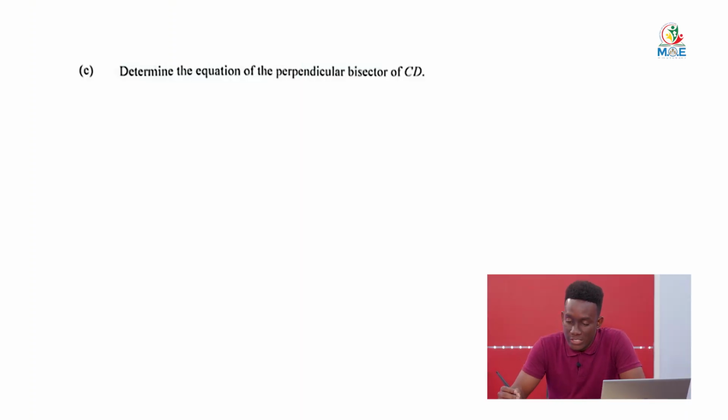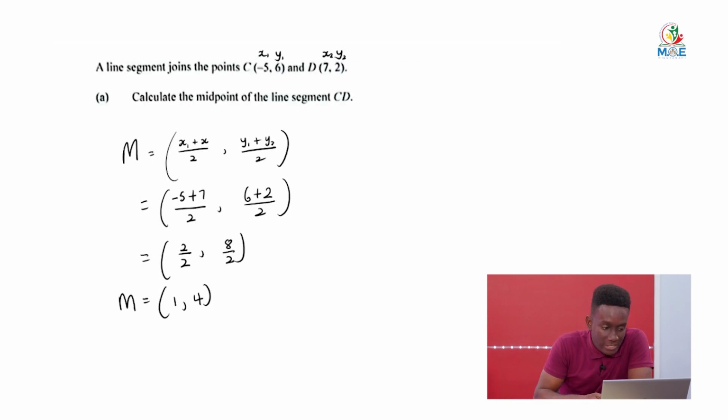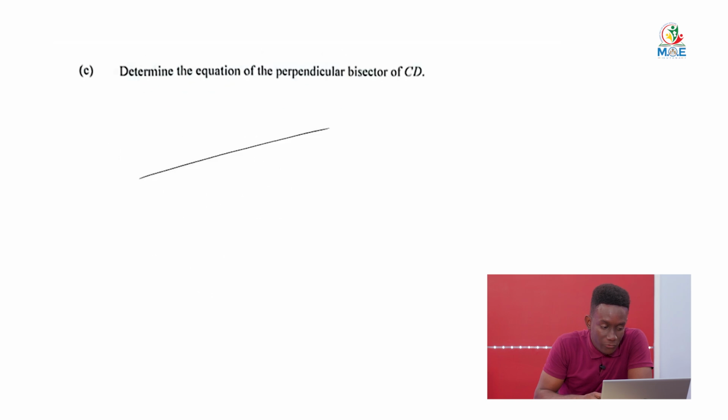The next question says, determine the equation of the perpendicular bisector of CD. When we talk about the perpendicular bisector, let's say we had this line here, and in this line the midpoint would be (1, 4).